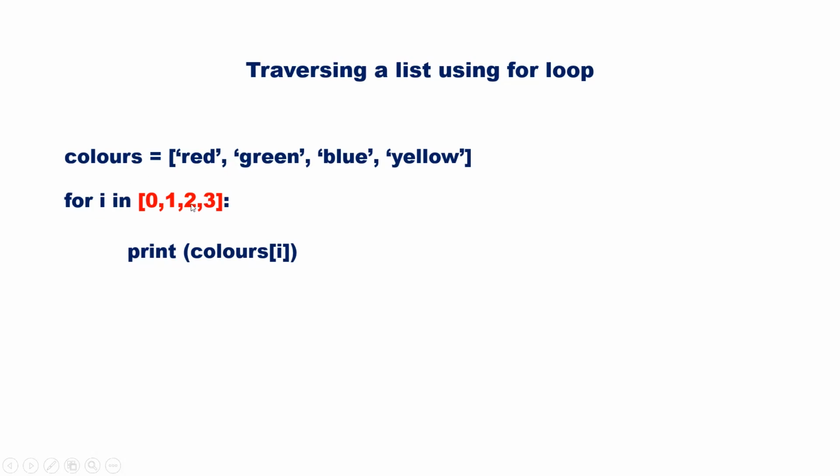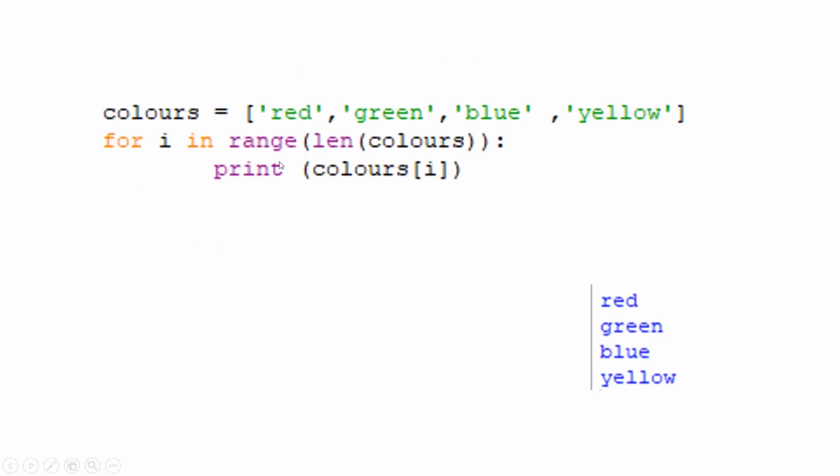Next i will take 2, print colors[2] will print blue. Next i will take 3, print colors[3] will print yellow. There are no more items in this list, so the for loop will exit. Here we have traversed the list using the index value. This program will also return the same output as the previous one.